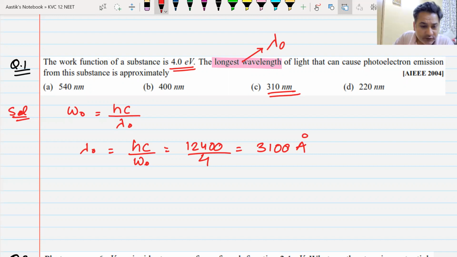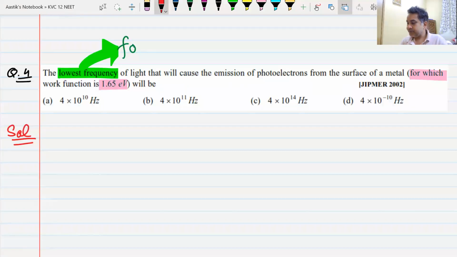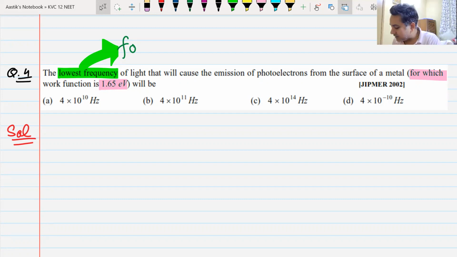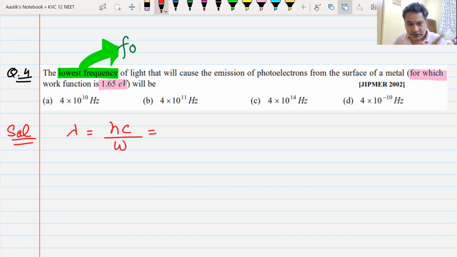How will you find out threshold frequency? You can first find out the threshold wavelength because you have the shortcut formula for that. Lambda naught is hc by work function, and I told you the shortcut formula for hc, 12,400.